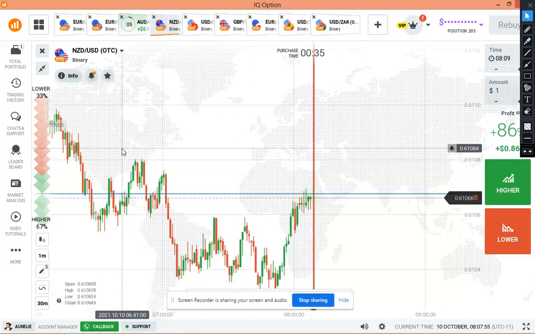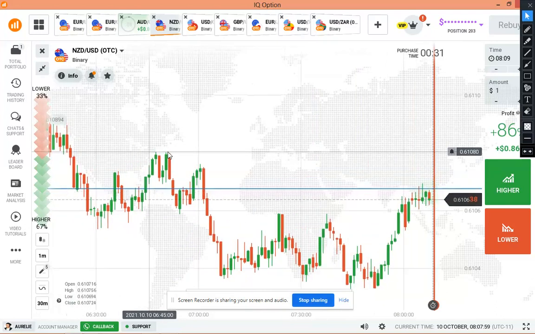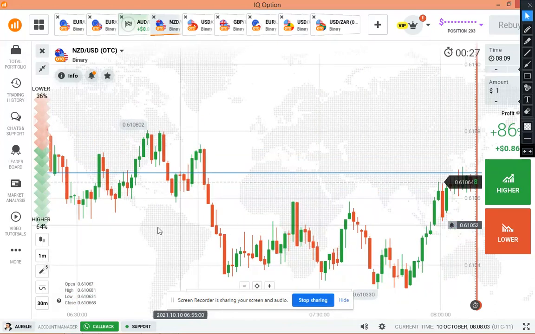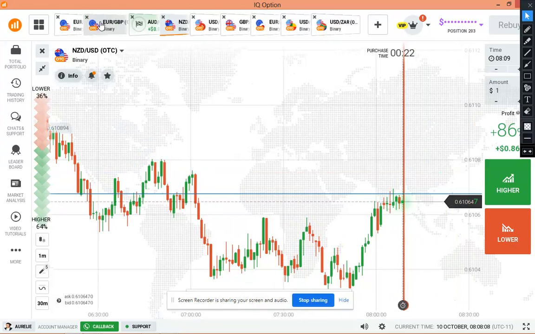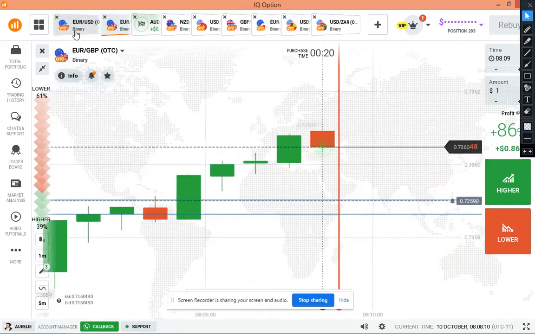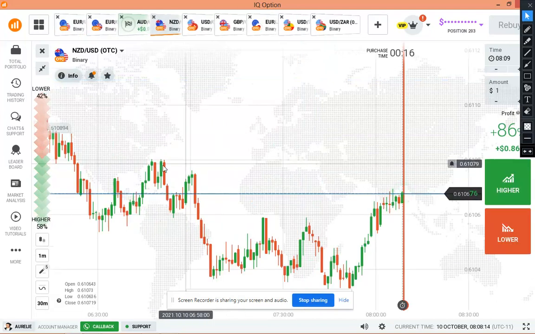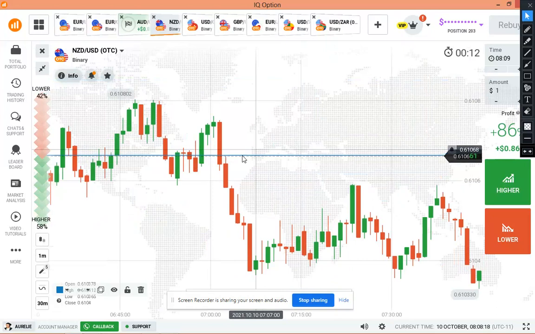I think I was drawing a resistance level here. You see this level? You see this trade? Okay, so this is a resistance.